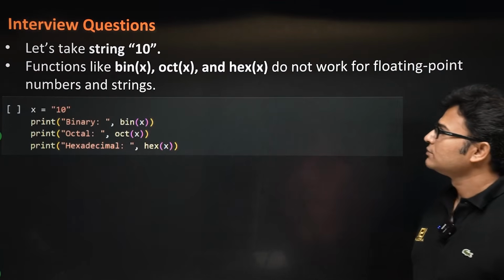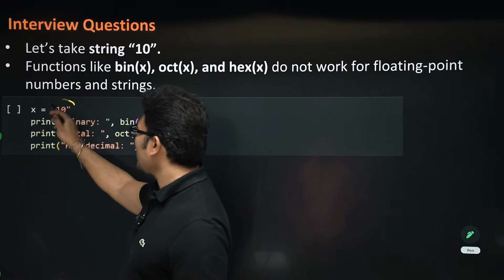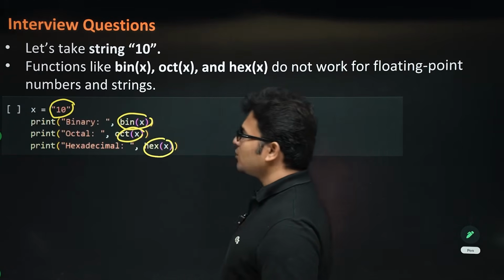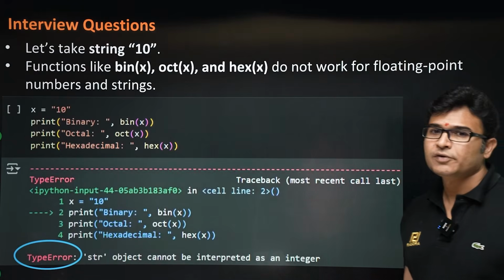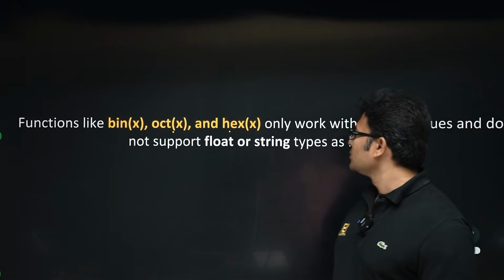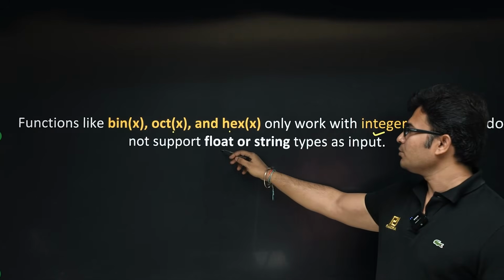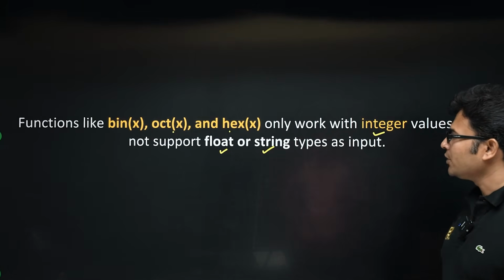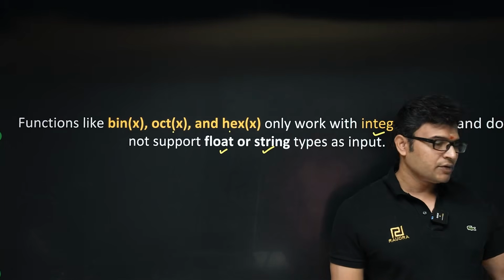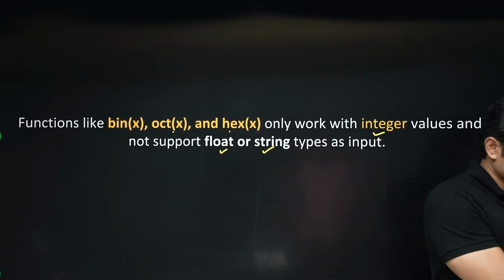Remember that. Similarly, even if you take a string and try to convert it into binary, octal or hexa, it will not happen. It will give you an error. Very important interview questions. Functions like bin, oct and hex only work with integer values, and they do not work with floating point numbers or string types. So these are the important interview questions that they may ask.